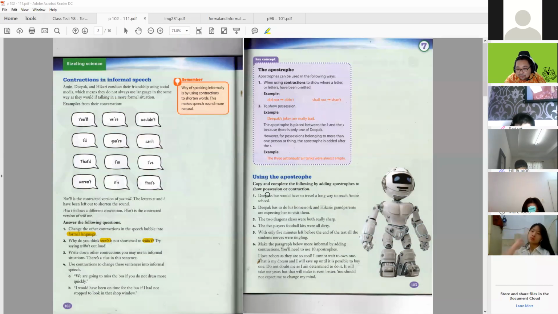Right. We put the apostrophe where, Luigi? To show possession or contraction? What do you think? Come on. I don't know, sir.